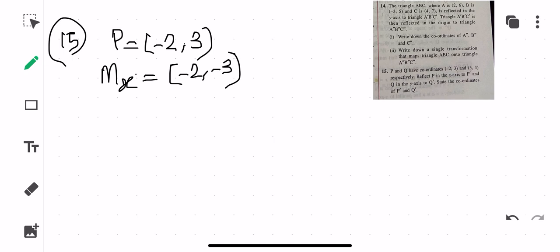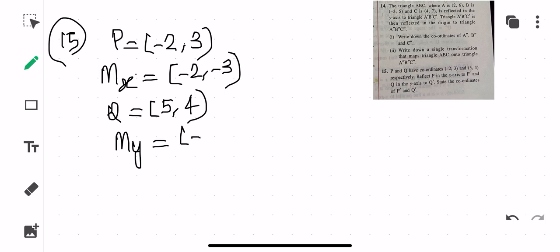Okay, and similarly the point Q has the coordinates 5 comma 4 and it is getting reflected in y-axis. So reflection along y-axis will be given by what, children? If it is getting reflected along y-axis, y coordinate remains same and the x coordinate changes. So this is minus 5 comma 4. Okay, so easy one again. So this question also you can easily do.